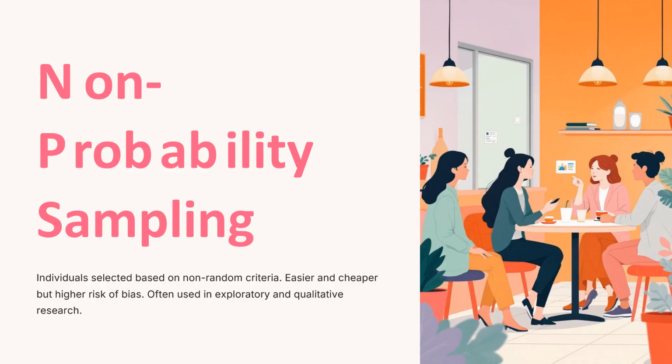In a non-probability sample, individuals are selected based on non-random criteria, and not every individual has a chance of being included. This type of sample is easier and cheaper to access, but it has a higher risk of sampling bias. That means the inferences you can make about the population are weaker than with probability samples, and your conclusions may be more limited.